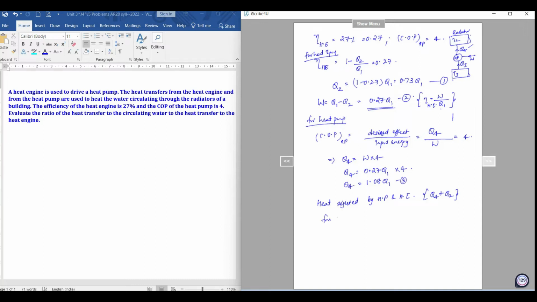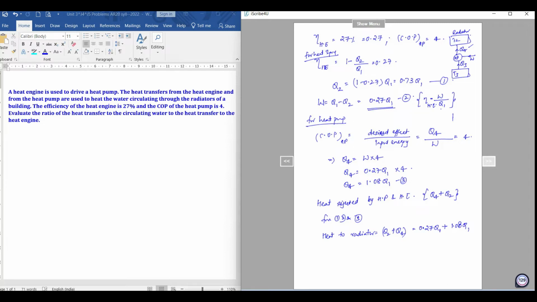From 1, 2 and 3, you can write heat to radiator equal to Q2 plus Q4. So what is your Q2? And what is your Q4? 1.08 times Q1.